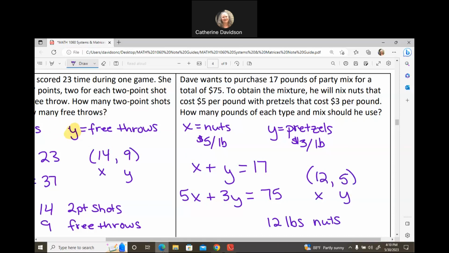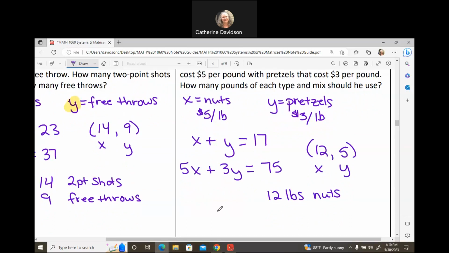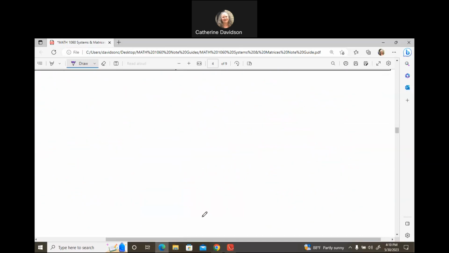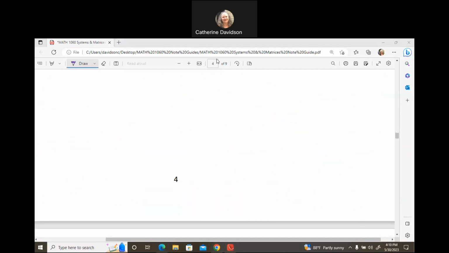Let me scoot this down just a second, just a tad rather. And then Y was 5 pounds of pretzels. I believe this is the end for 7.2.